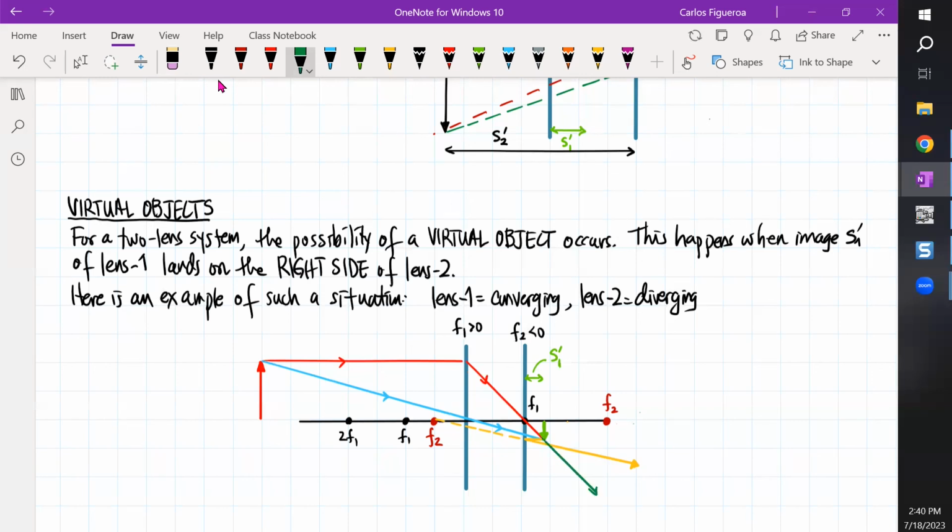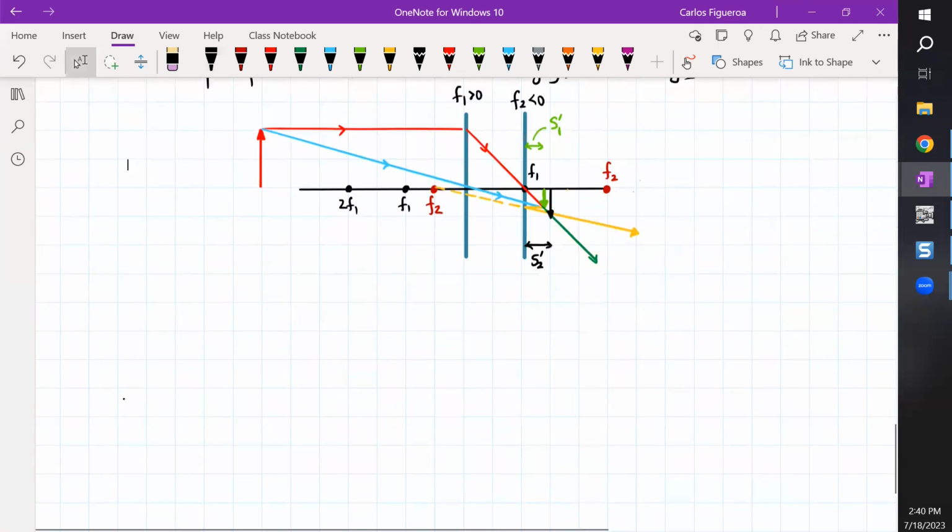And where these cross, I'm going to have my image right there. If I look at this distance from here to here, this is my final image 2. And so now let's just make a couple of notes and then let's move on.